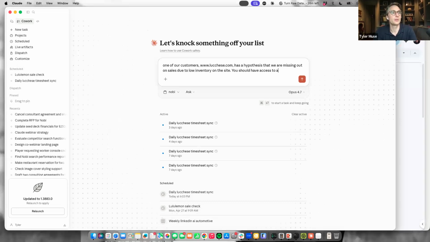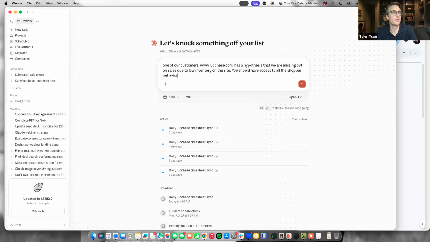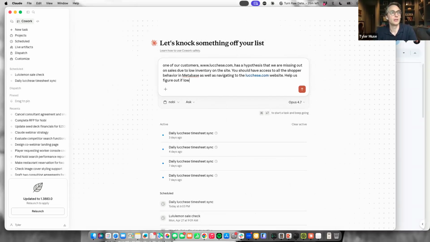You should have access to all the shopper behavior in Metabase. Metabase is a tool that we use within Nobi that tracks all the events that are getting fired by this customer of ours. You should have access to all the shopper behavior in Metabase, as well as navigating to the lucchese.com website. Help us figure out if low inventory is impacting conversion rates and revenue.